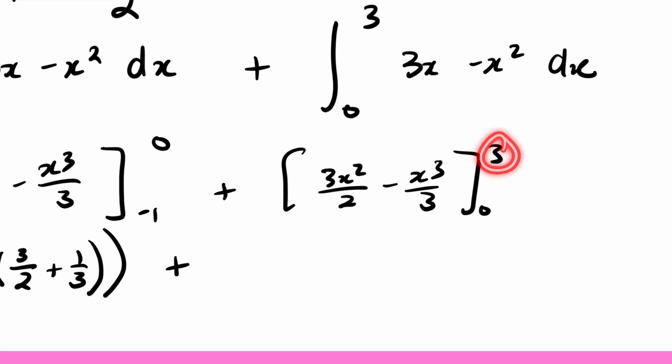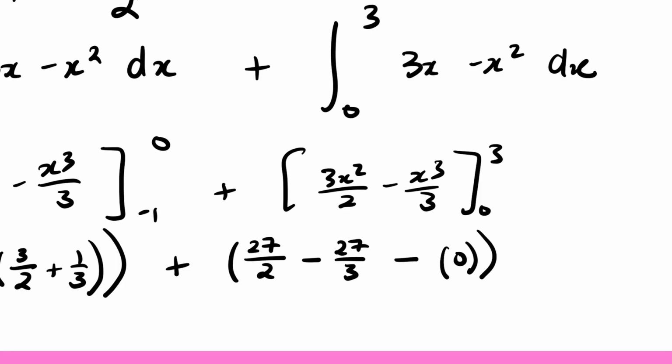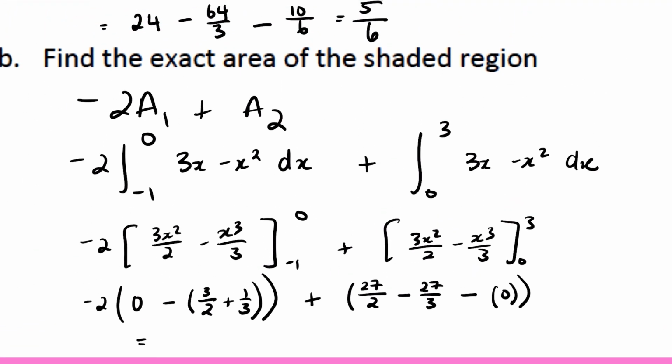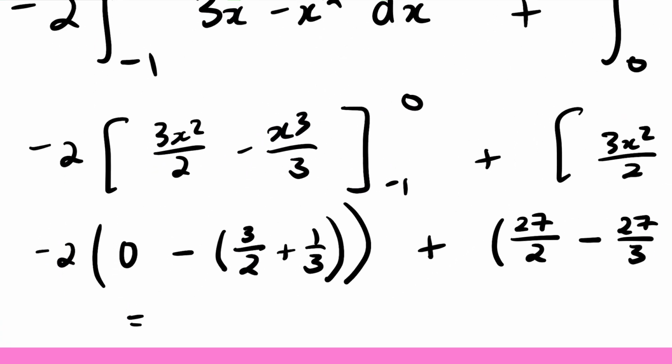Into here, 3 squared is 9 times 3 is 27 on 2. And then here, 3 cubed is 27 on 3. Minus, now if I put in 0 into both of them, I'm just going to end up with a 0. Okay, again, I don't really have many lovely fractions here. We can kind of work them out. 3 times 3 is 9, 2 times 1 is 2, that's going to be 11.